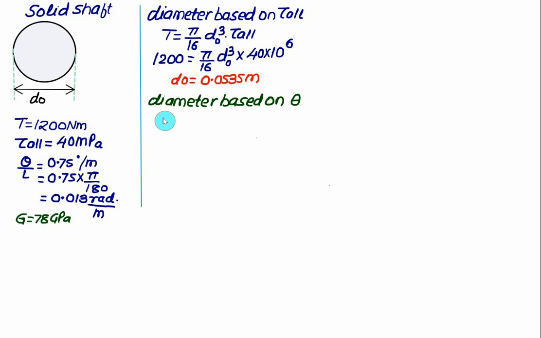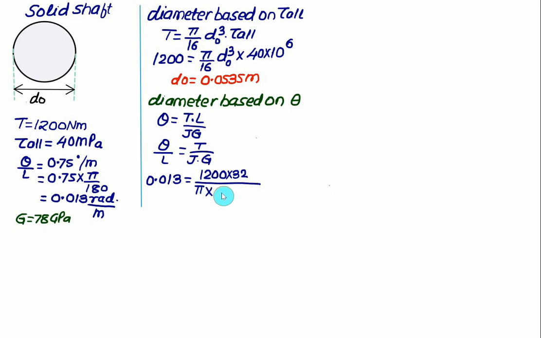For the same solid shaft, the second constraint is theta by L. We know that theta is given as T multiplied by L divided by J divided by G. So theta by L is equal to T divided by J divided by G. Theta by L is equal to 0.013. We'll continue with SI units. We have torque equal to 1200, divided by pi, 32 will shift to the numerator.